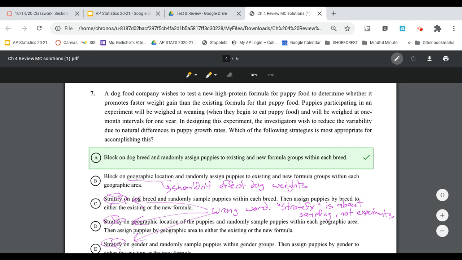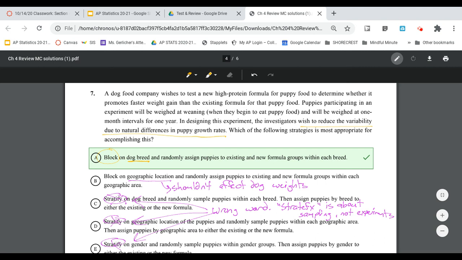Okay, dog food. So they wish to reduce the variability due to natural differences in puppy growth rates. What's a good strategy? Blocking is, and specifically, dog breed is a good variable to block by because a Chihuahua is probably not going to gain the same amount of weight in a month as a golden retriever or a bigger dog.